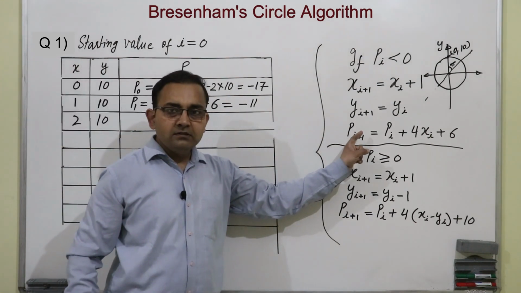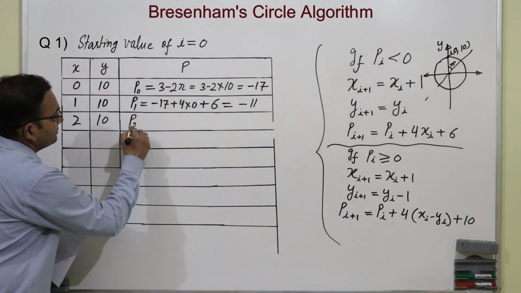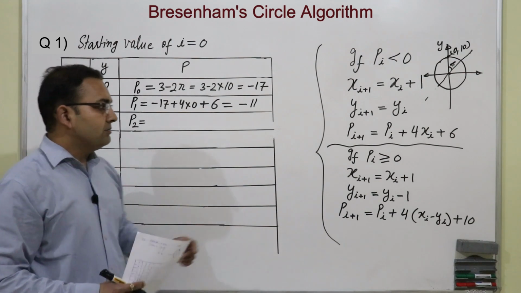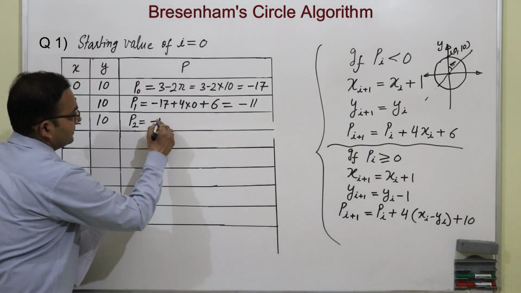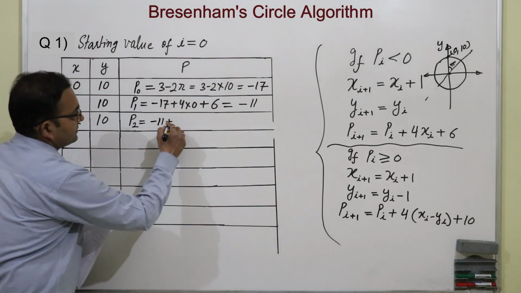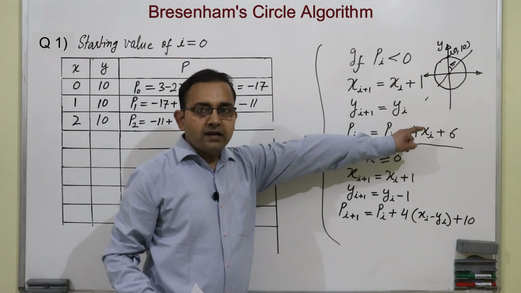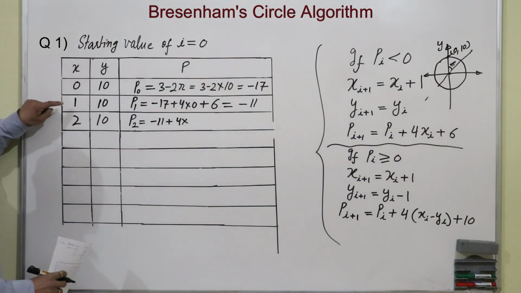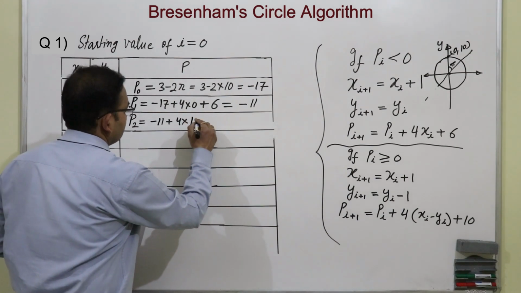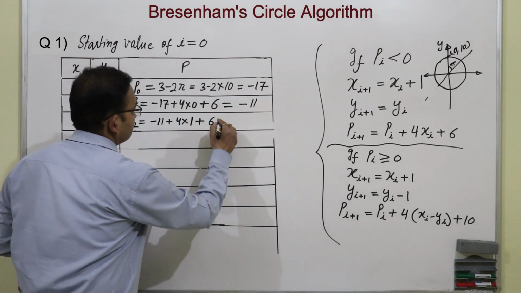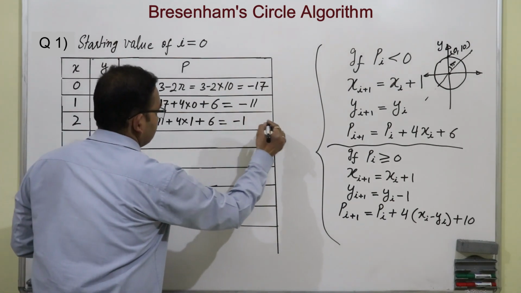Then Pi plus 1, P2, equal to Pi, previous value minus 11, plus 4 into xi, xi is 1, plus 6, equal to minus 1.